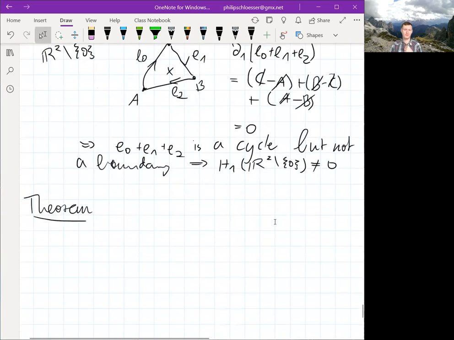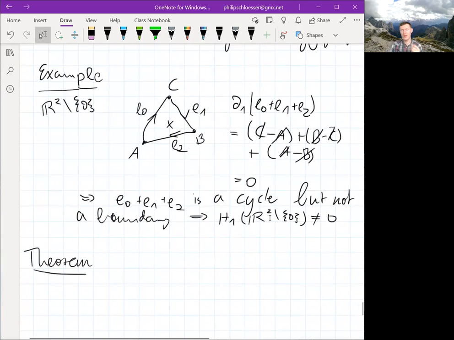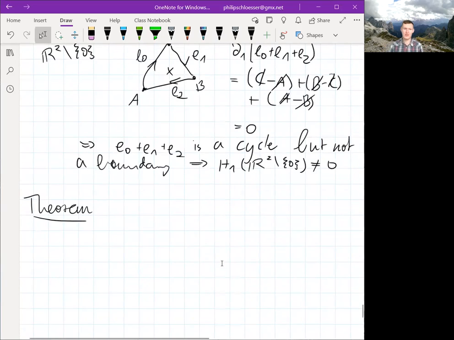So the reason why singular homology is much preferable to what we did before, the stuff with fundamental groups, is that there are a host of axioms that singular homology satisfies that are very powerful.